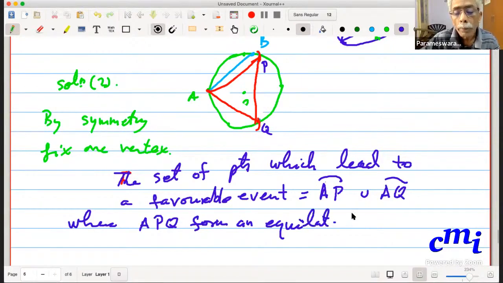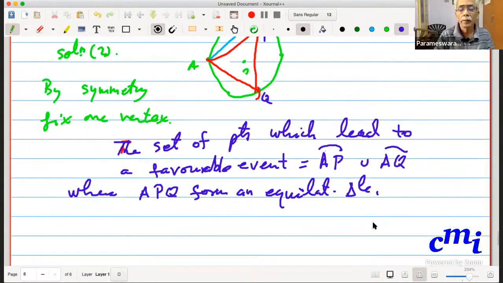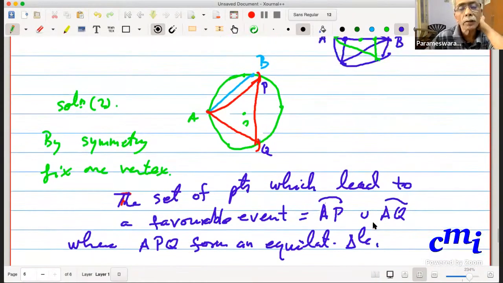Then you see all the 3 arcs have the same length, right? The whole circle is now divided into 3 equal parts, and the favorable part is 2/3.